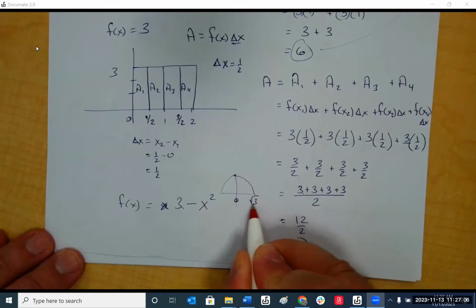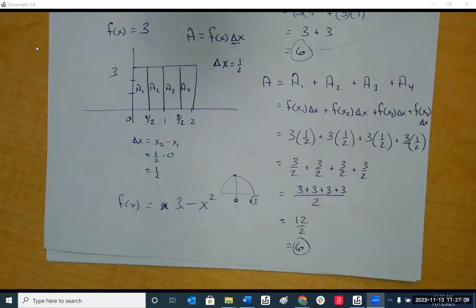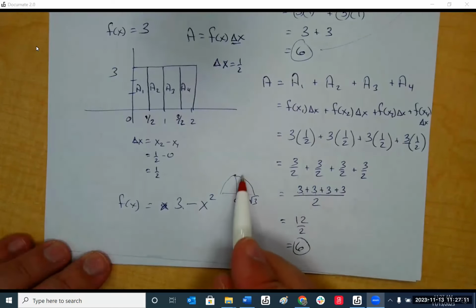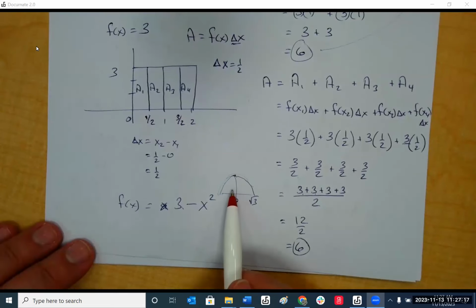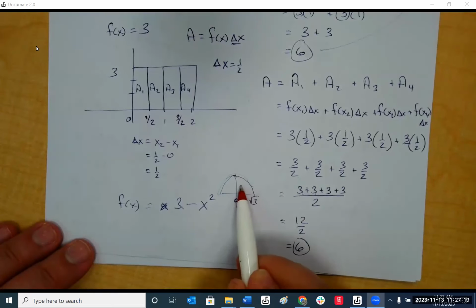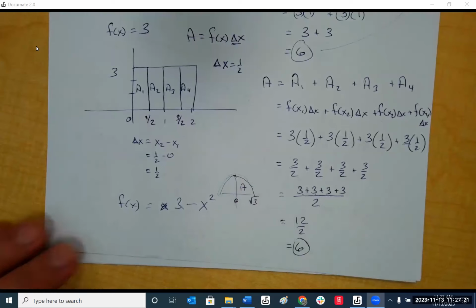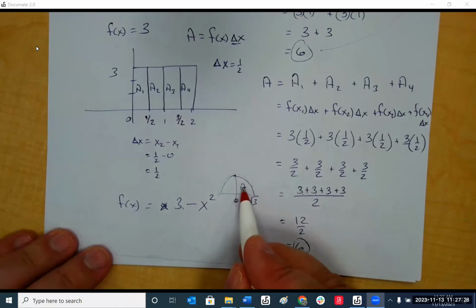So this one will go to square root of 3. Now, if we had something symmetric on both sides, all we have to do is find this area and double it, because the other area is going to be the same. Twice the area is the whole thing.